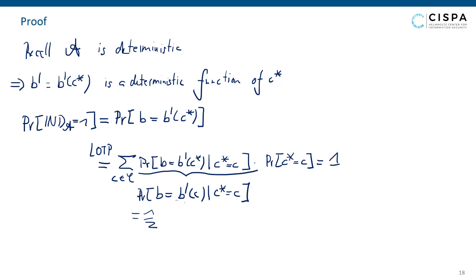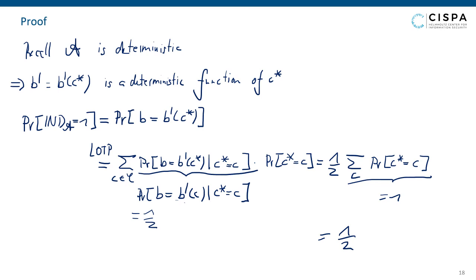So this becomes 1/2 times the sum over all C of the probability C star equals C. But of course, these events C star equals C cover the entire sample space, so this is 1, which gives us that the probability that int A outputs 1 is exactly 1/2, which is what we had to show.